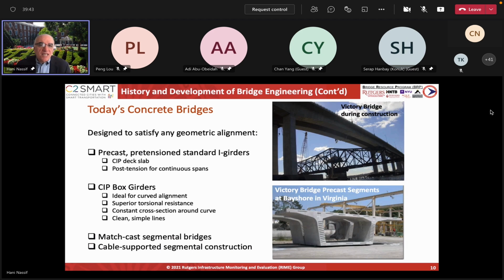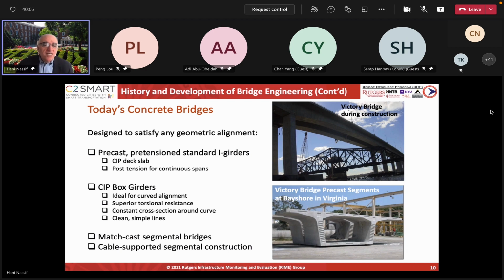And now pre-stressed concrete is the main choice. Other than short culverts or anything like that, you rarely see reinforced concrete bridges. The reason is pre-stressed concrete showed its advancement, it showed its performance, especially at service.